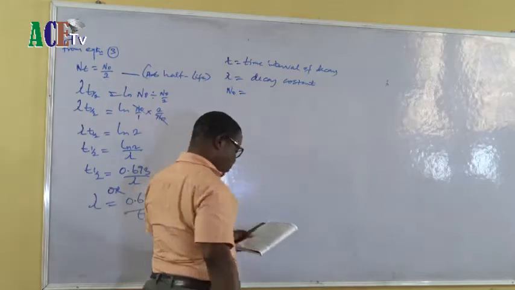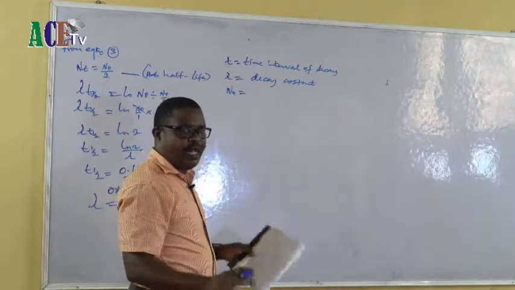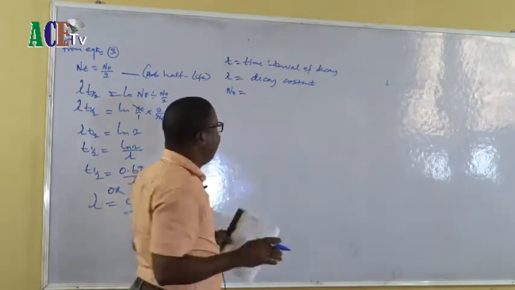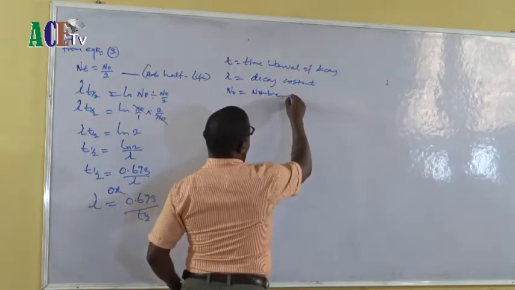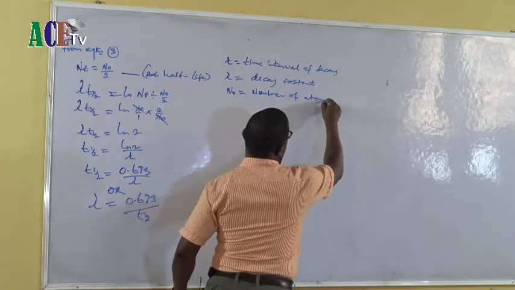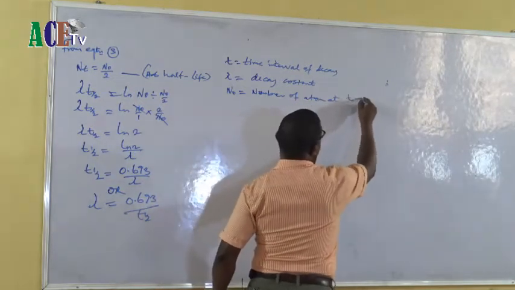N0 is equal to the number of atoms at the initial stage, that is the number of atoms at T equal to 0.